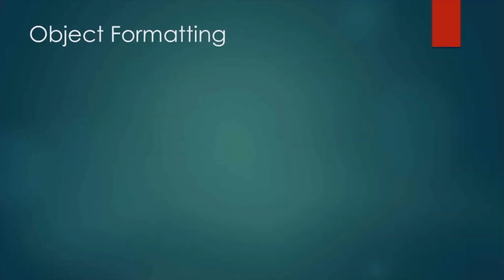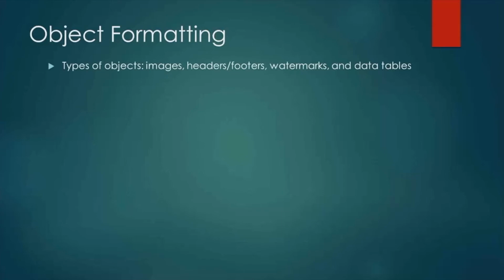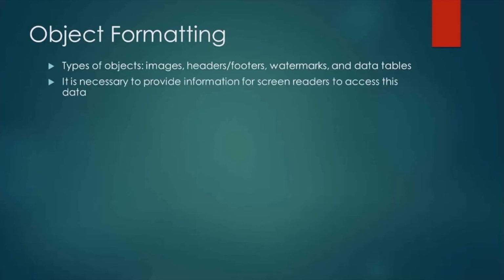Next, we want to move on to any objects. And like I said before, objects can really include anything, things like images, headers, footers, data tables, watermarks, really anything that's being provided in a visual way. And as far as 508 compliance is concerned, it's necessary for us to provide information for screen readers to access the data that's there.